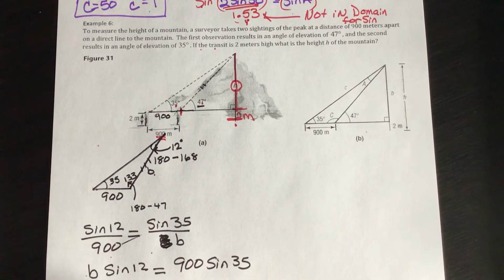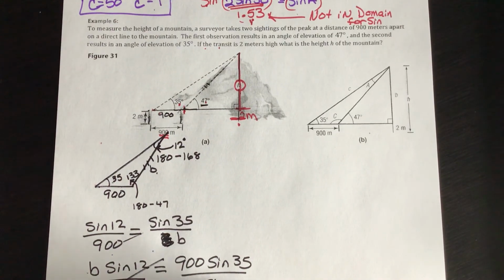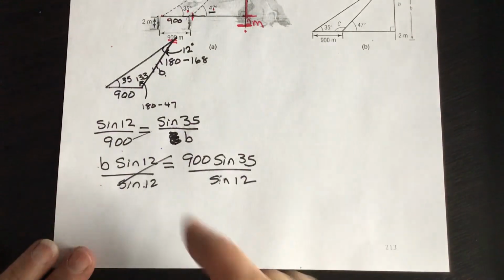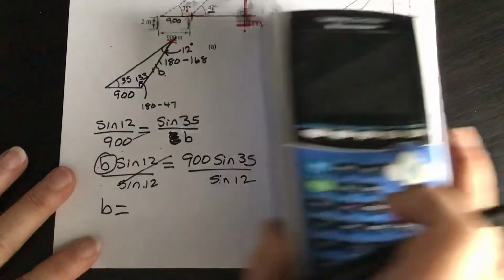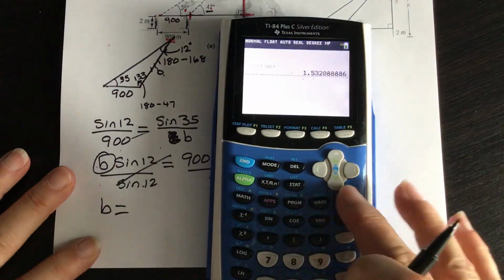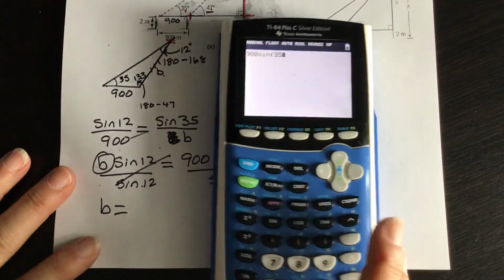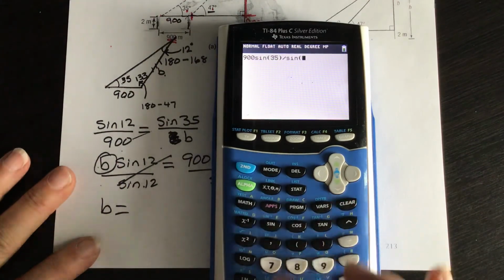Now I'm going to divide by sine 12 so that these cancel. So now I have b equals 900 sine 35, and then divided by sine 12.